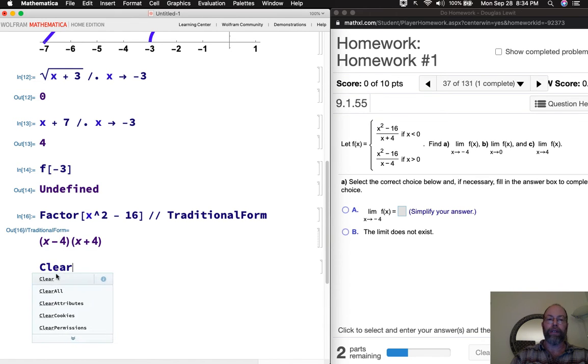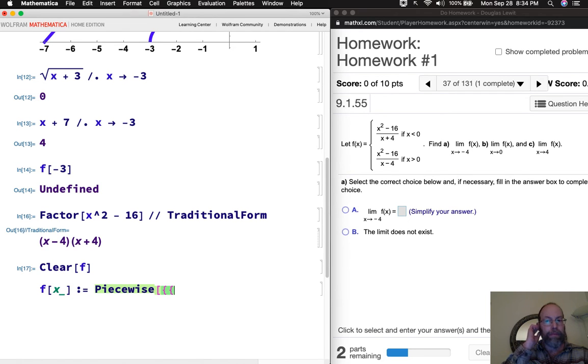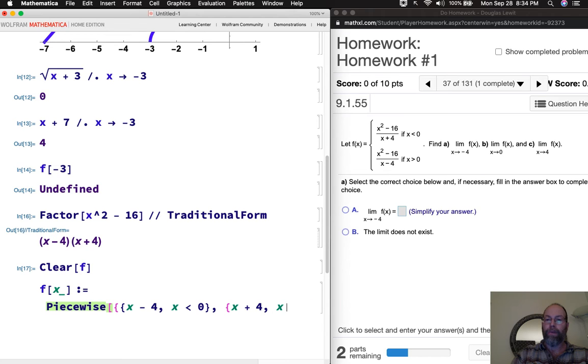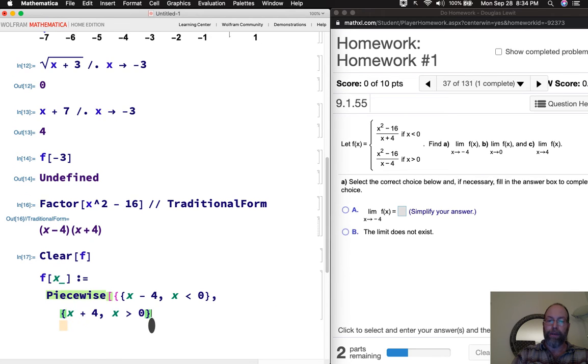So clear f of x is equal to a piecewise function. So we have x minus 4 when x is less than 0, and then we have x plus 4 when x is greater than 0. Otherwise, the function is undefined.